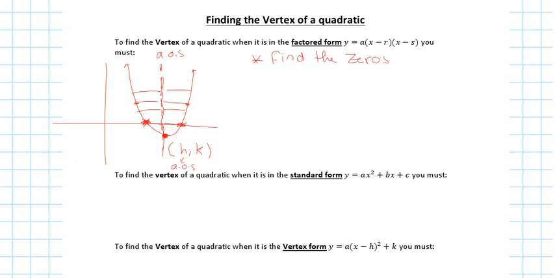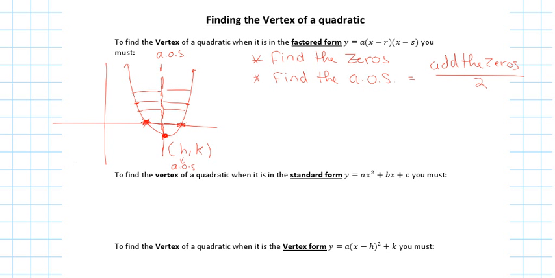Then you're going to find the axis of symmetry, by adding the zeros and dividing by 2. Is it always going to be dividing by 2? Yes.